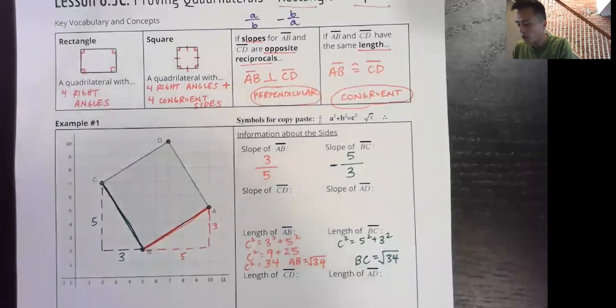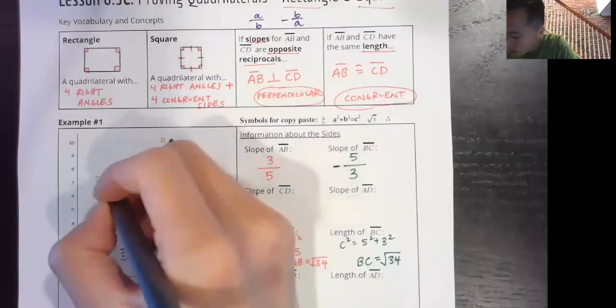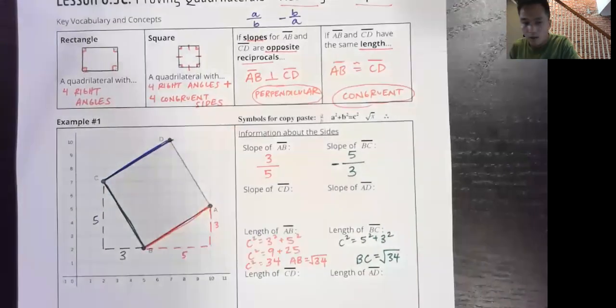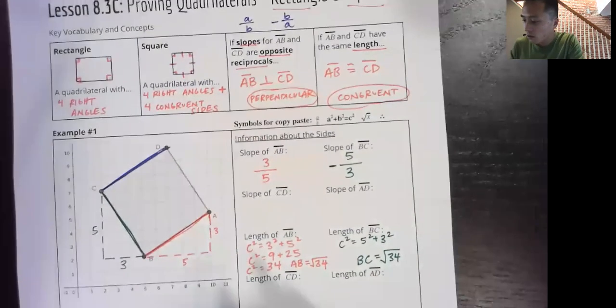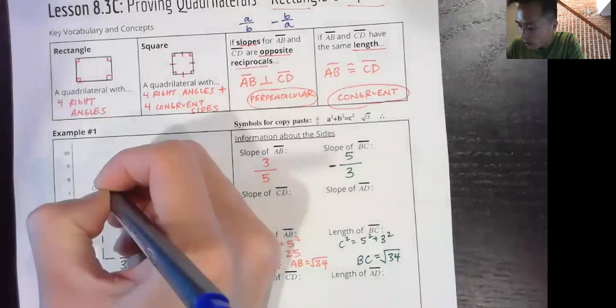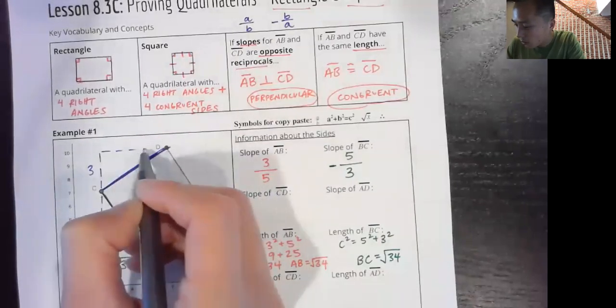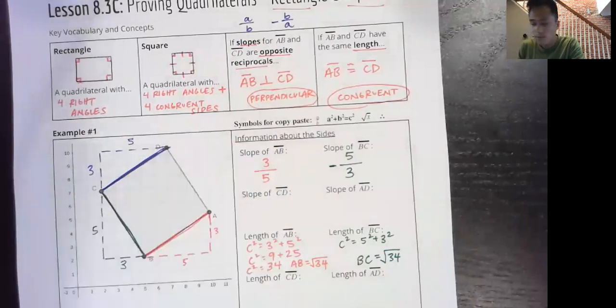Okay, slope of CD, that's this side up here. Well, looking from left to right, it's going up 1, 2, 3 units, and across 1, 2, 3, 4, 5 units.